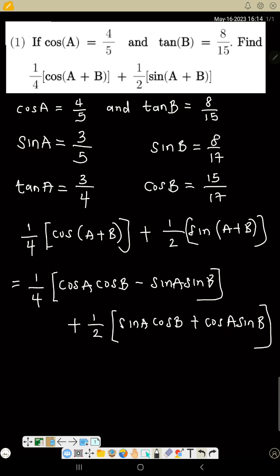So we are going to substitute all the values we know. So 1 over 4 into, so what is cos A? We already know cos A is 4 over 5.